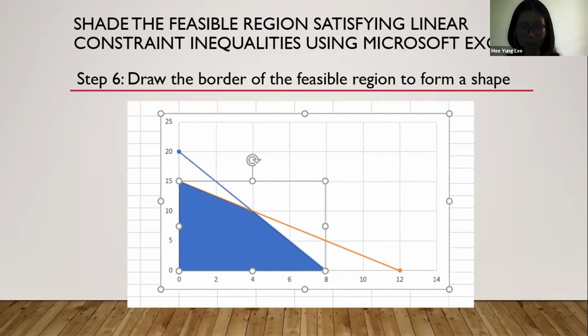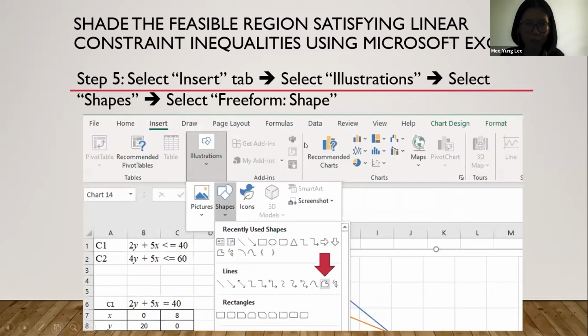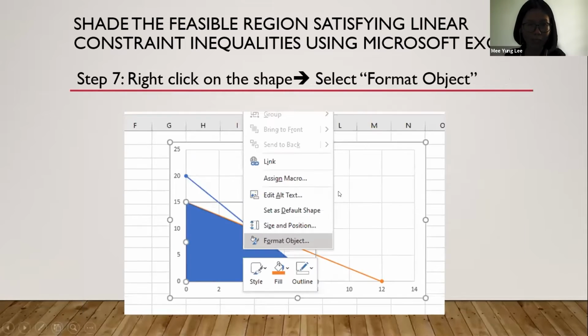This area is bounded between straight lines, so it is easier to draw, and we can use the free form shape for drawing.